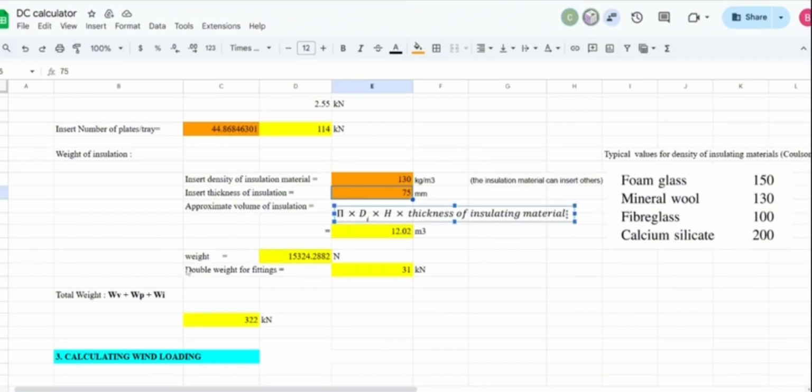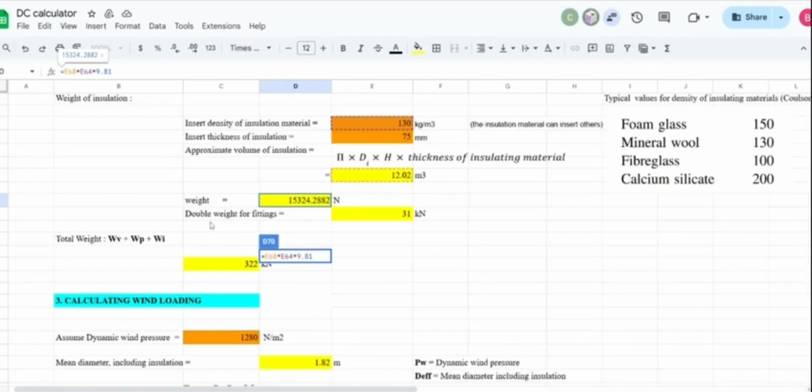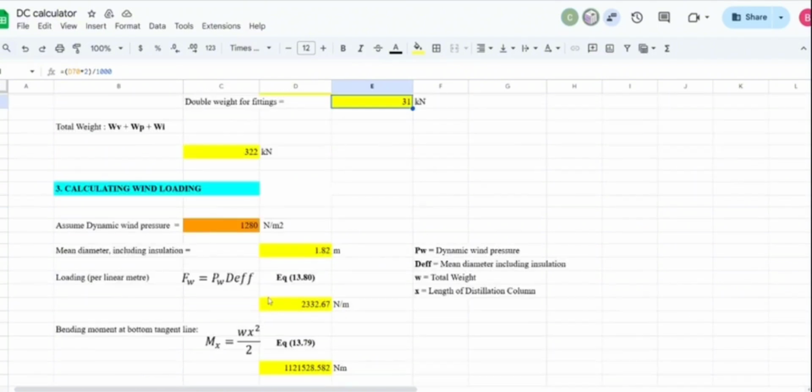From that, you can calculate the weight using the volume of insulation and also the density of the insulation material. To allow for the fittings, you are required to double the weight to 31 kilonewton, and you can calculate the total weight of shell, plates, and insulation, which is 322 kilonewton.